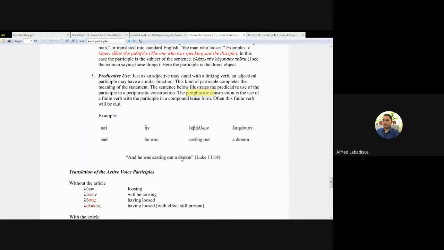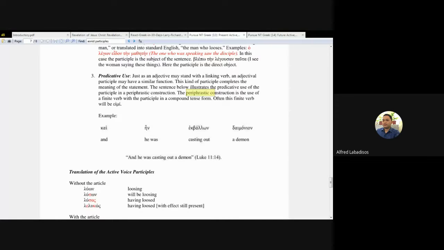En ekballon is a periphrastic construction in which the participle is connected with the verb to be, eimi. So take note of that. That's a predicative use. Predicative use.